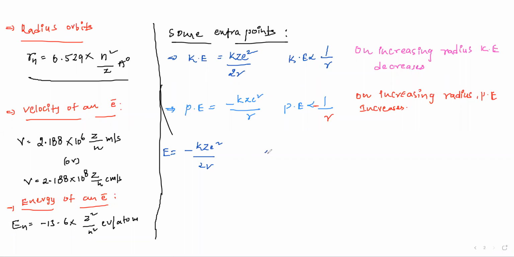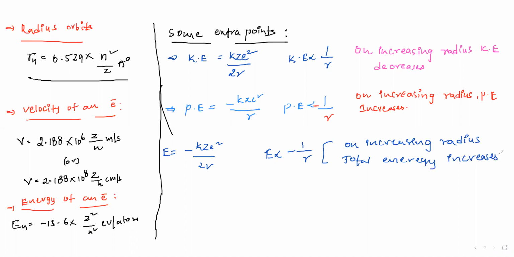So the same E is directly proportional to minus 1 by R. That means on increasing radius, the total energy increases. Okay.